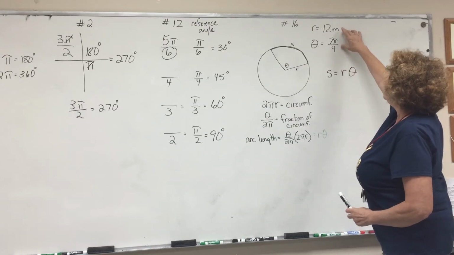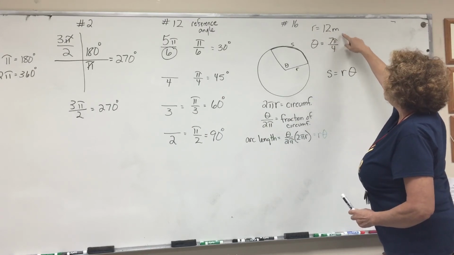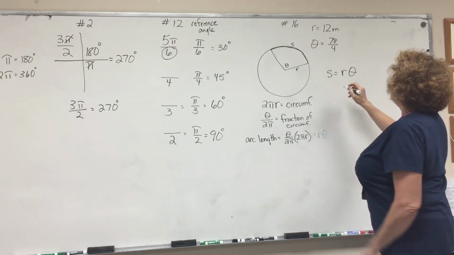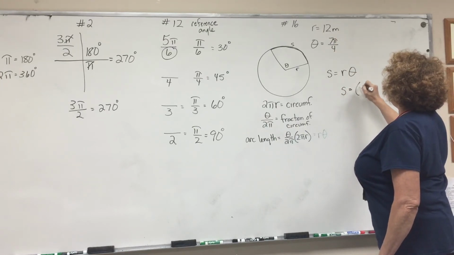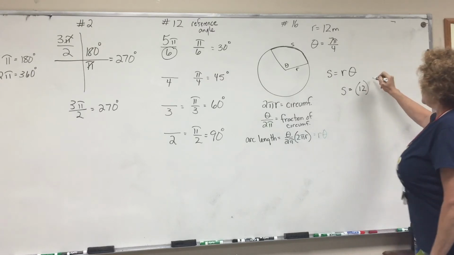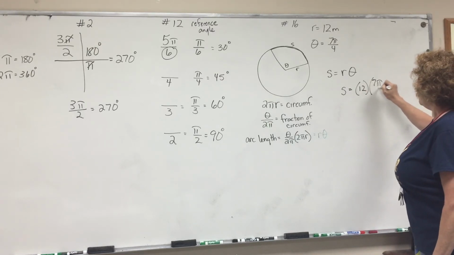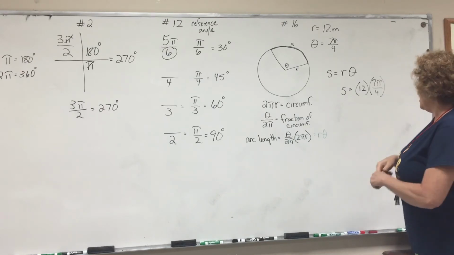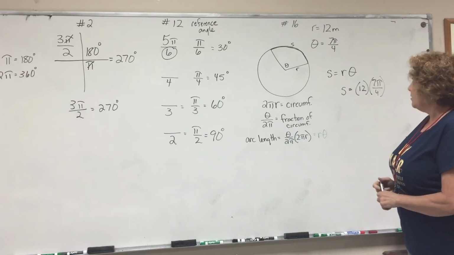So for number 16, it gives us the radius is 12 and the theta is 7 pi over 4. So the arc length is going to be 12 times 7 pi over 4. And go ahead and multiply this out.